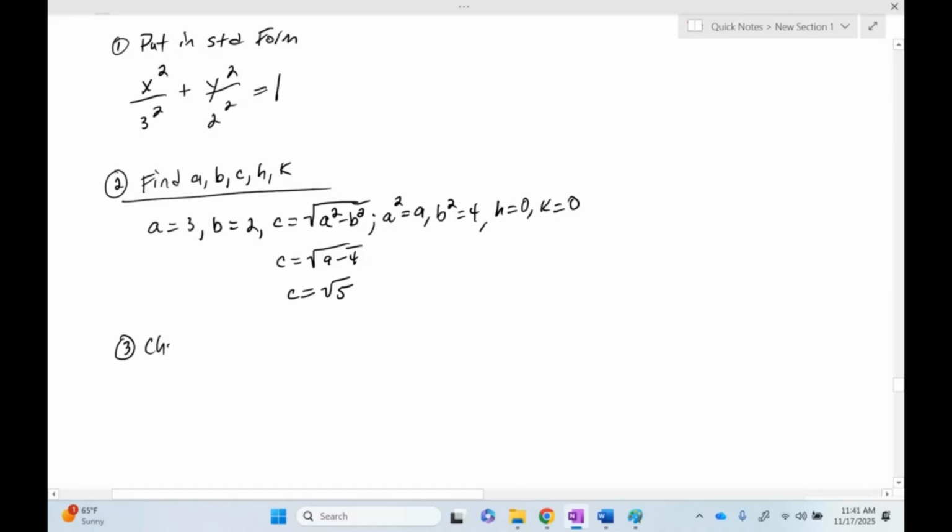So the third thing we're going to do is choose a model form. When I say model form, does this have a horizontal or a vertical major axis? Well, in order to determine, look at your denominators. The largest denominator is underneath the x variable.